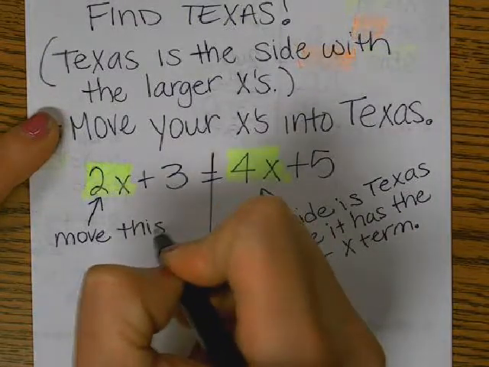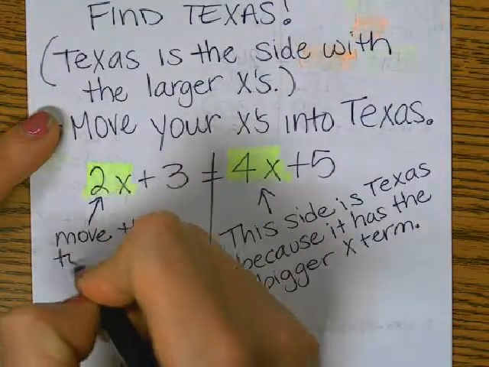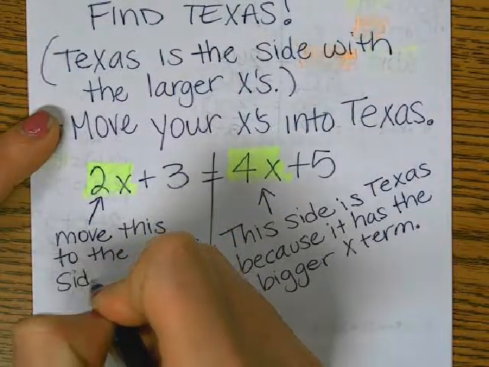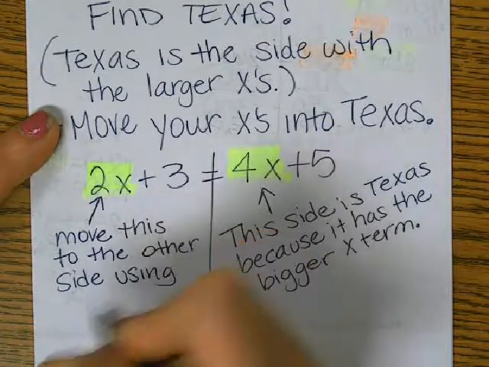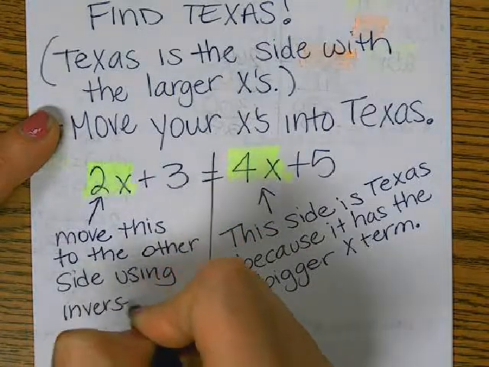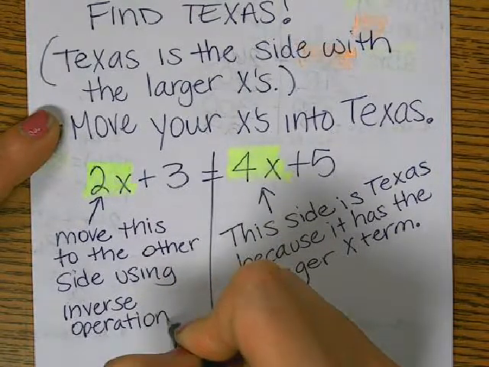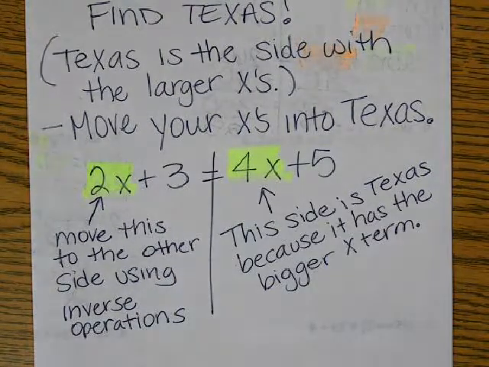So I'm going to move this into the other side using inverse operations. If it's plus 2, then you're going to do minus 2. And if it's minus 2, then you're going to do plus 2. Remember, inverse operations are addition and subtraction, multiplication and division. They undo each other.